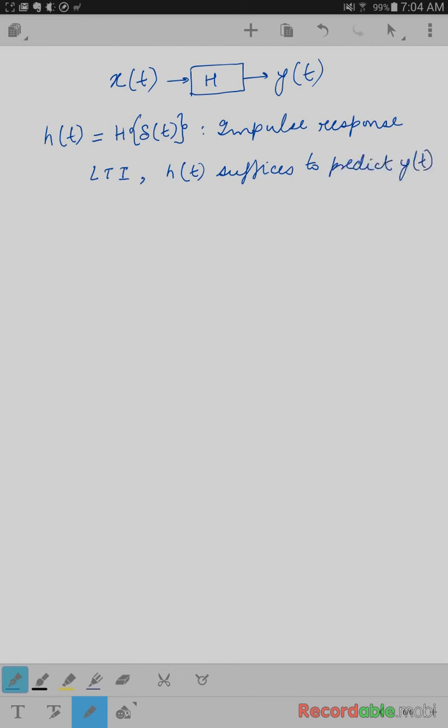And what we learned was that for any given x(t), y(t) is given by the convolution formula.